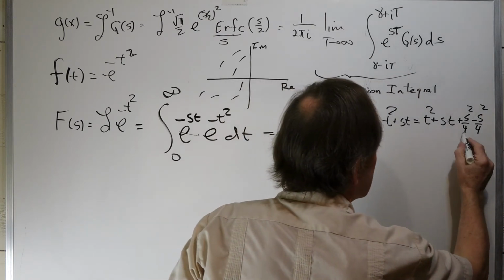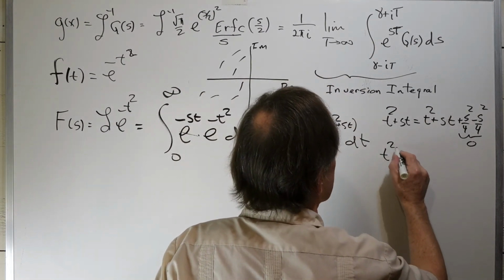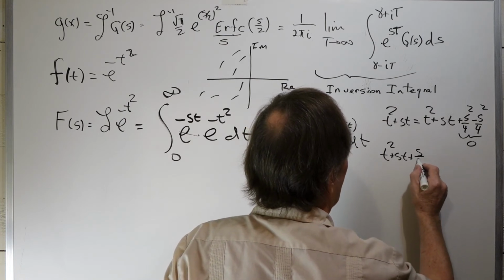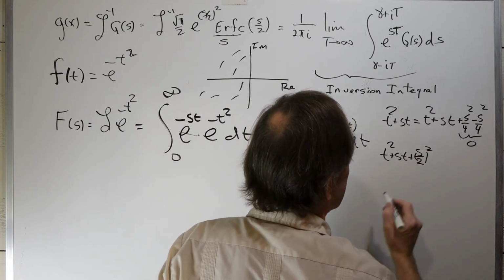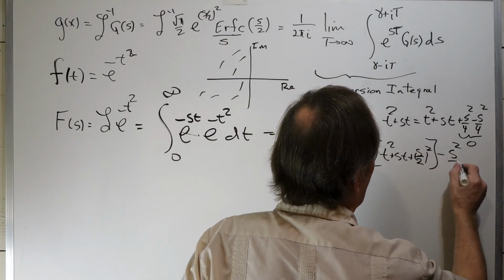I just added 0. So we can write this as t squared plus st plus s over 2 quantity squared minus s squared over 4.